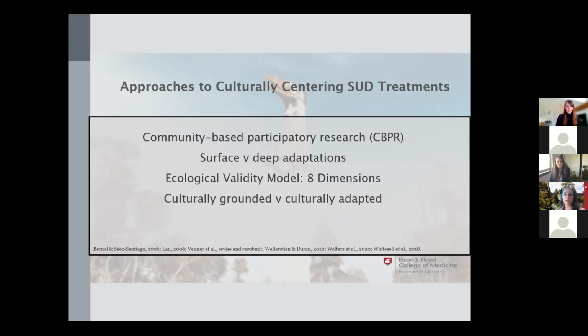Another approach that we have applied in our work is the ecological validity model, or the 8 dimensions. Dr. Kamala Venner has led a paper on this, currently under review, around the importance of this framework as part of the adaptation process. So the 8 dimensions are looking at language, persons, metaphor, concept, goals, methods, context.